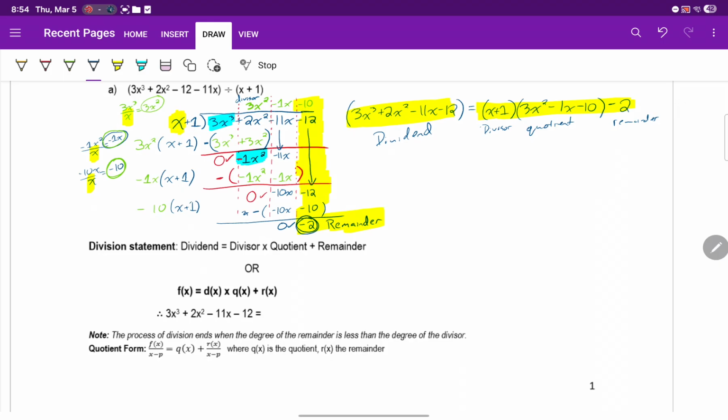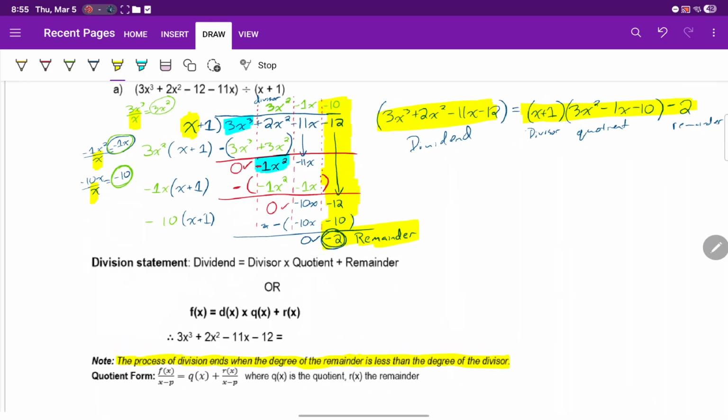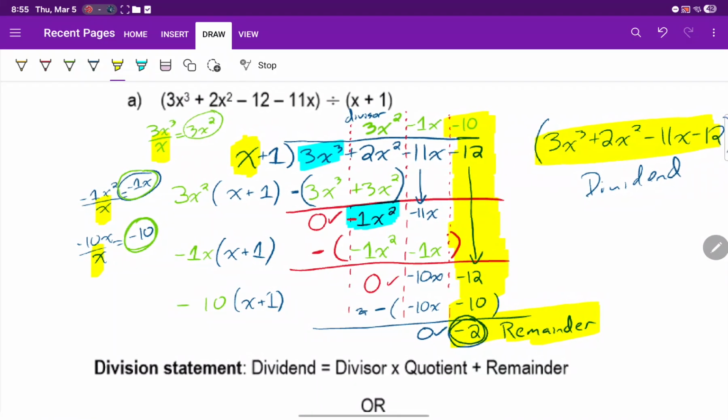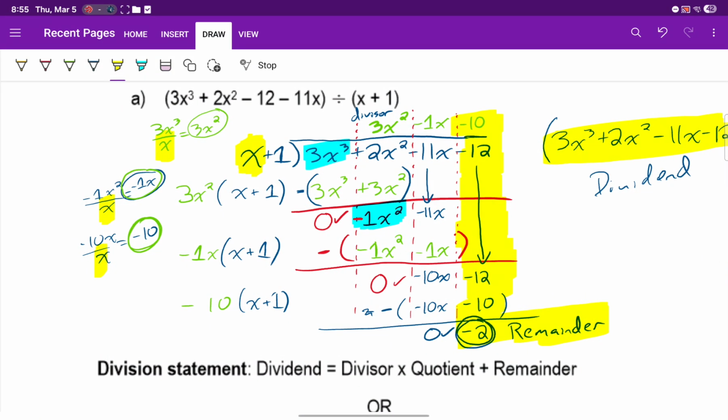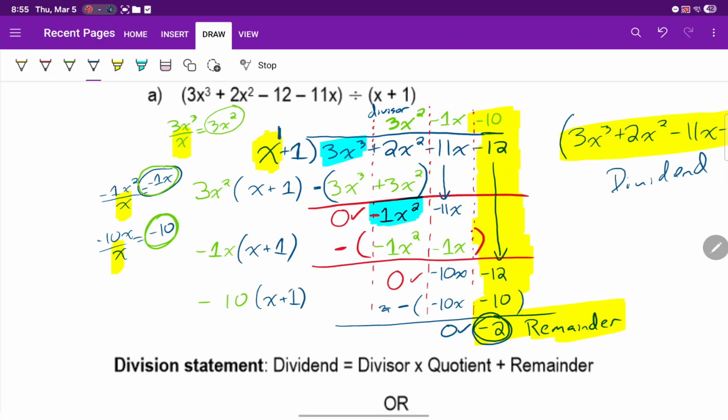The process ends when the degree of the remainder is less than the degree of the divisor. Notice here, what is the degree of the divisor? The degree of the divisor is 1 right here.